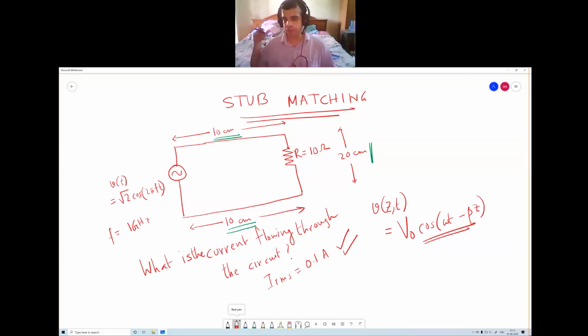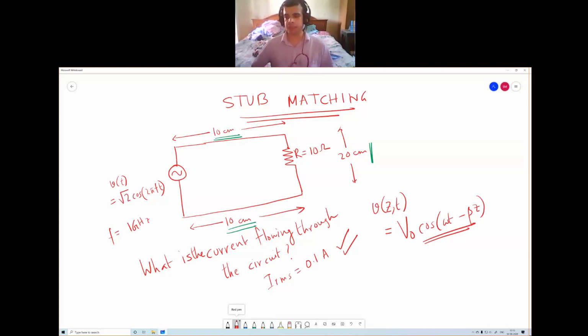This is a sinusoidal wave propagating in which direction?